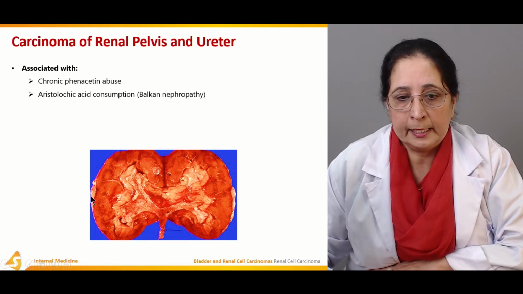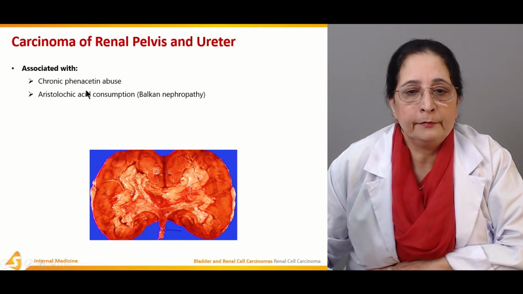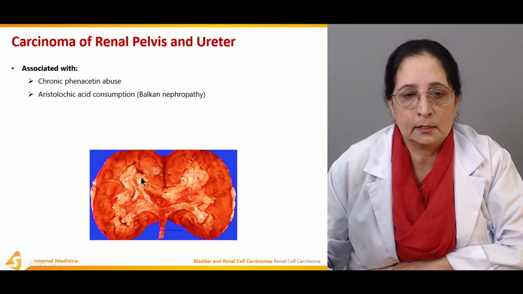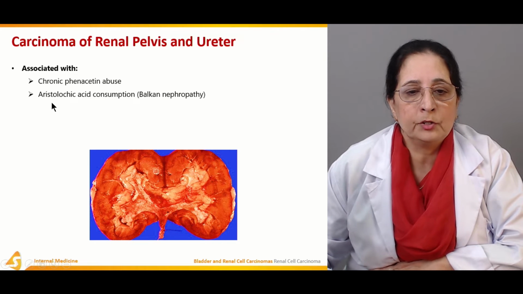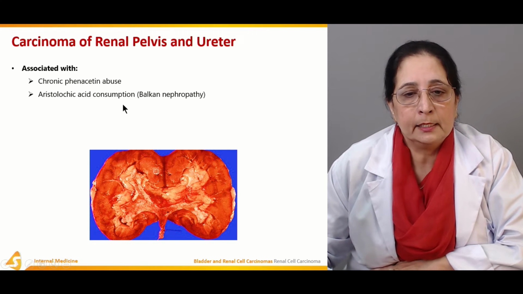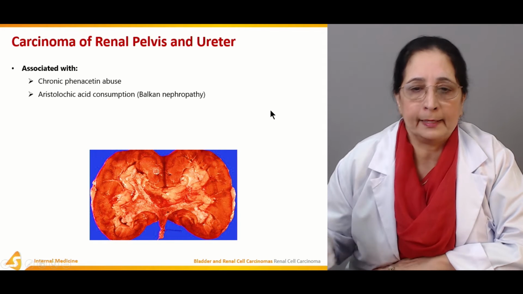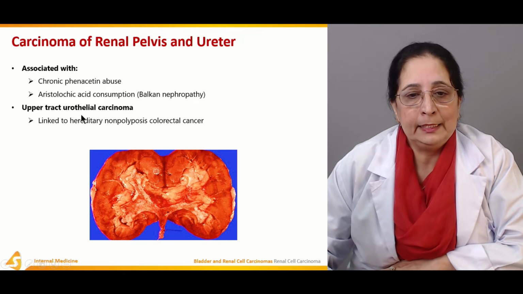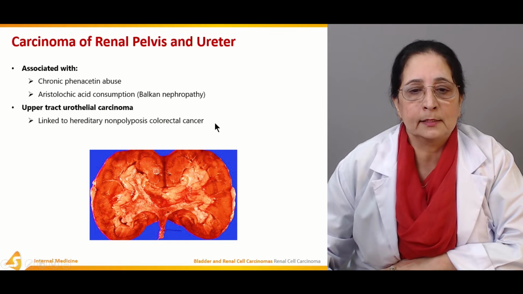So this is the kidneys. We have chronic phenacetin abuse leading to renal cell carcinoma. Then we have aristolochic acid consumption, which is also known as Balkan nephropathy. Upper tract urothelial carcinoma is linked to hereditary non-polyposis colorectal cancer.